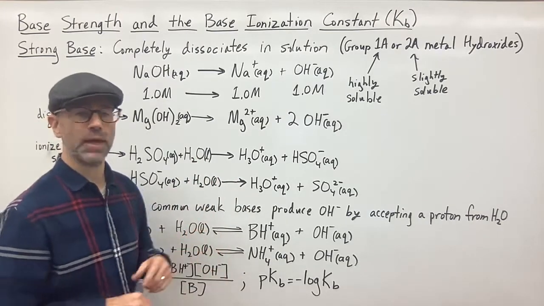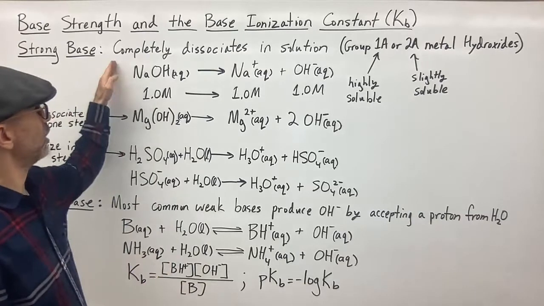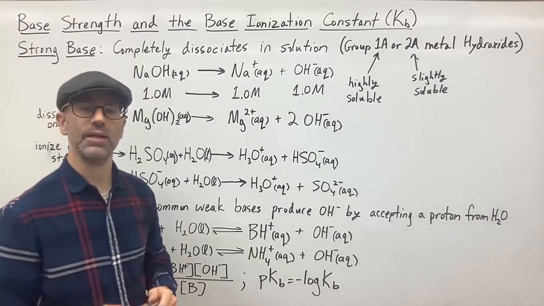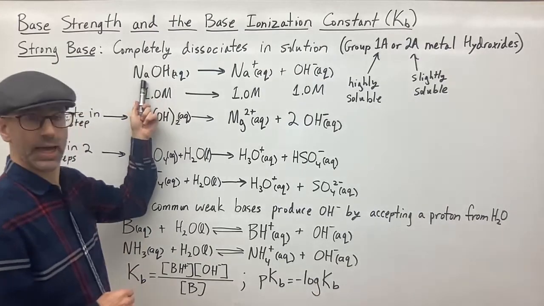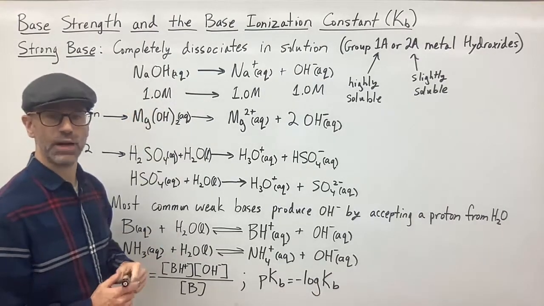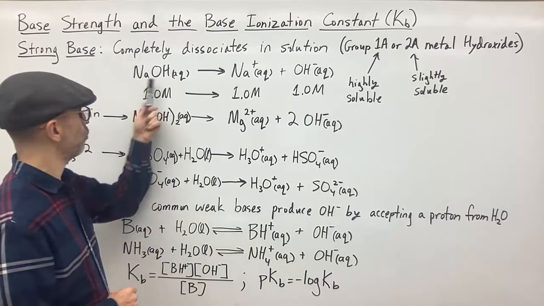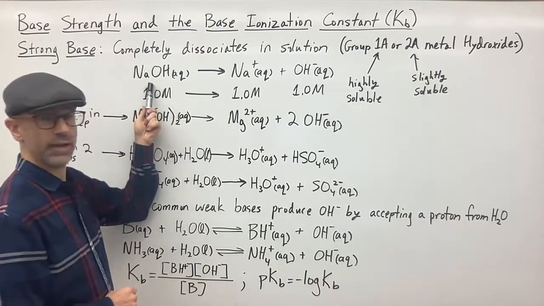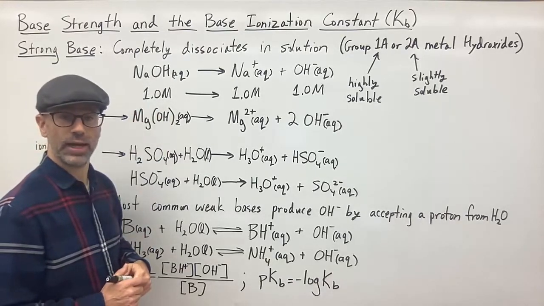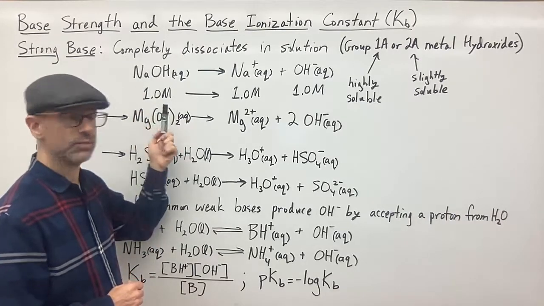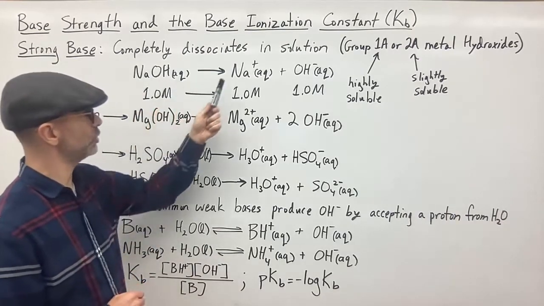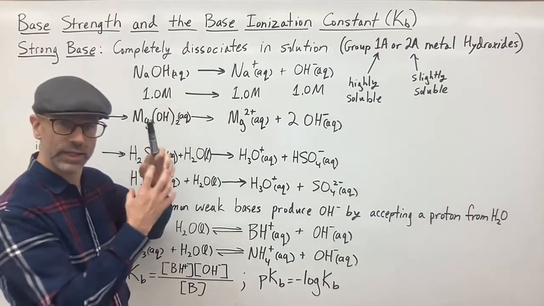Same thing for a strong base. Strong bases are going to completely dissociate in solution. So that means that if I have a strong base like NaOH, or sodium hydroxide, at 1 molar, then when I put it in water and it dissolves, I don't have NaOH together in solution.